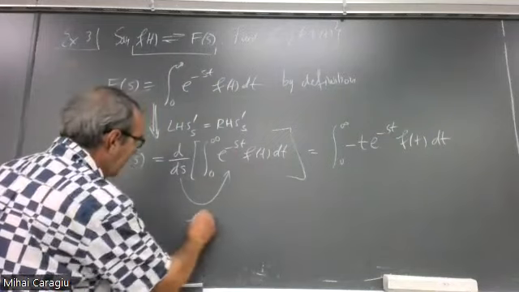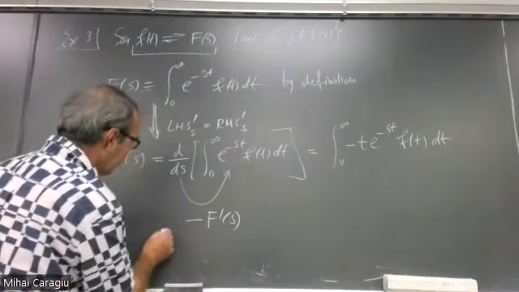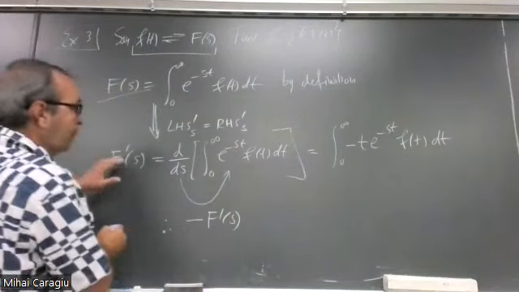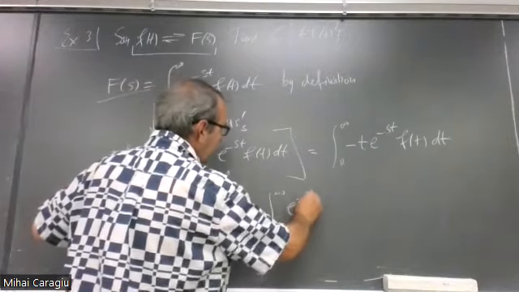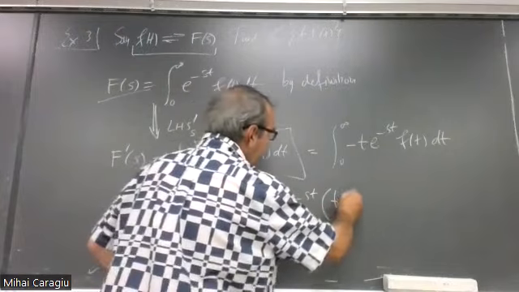So we'll get minus F prime of s equals the integral from 0 to infinity of e to the minus st times t f of t dt.